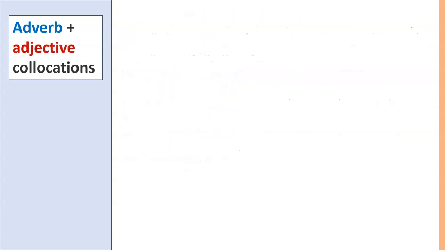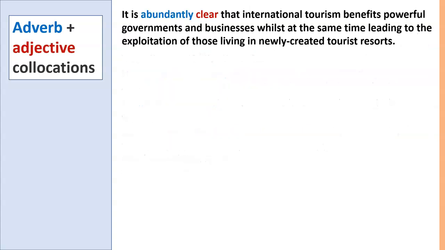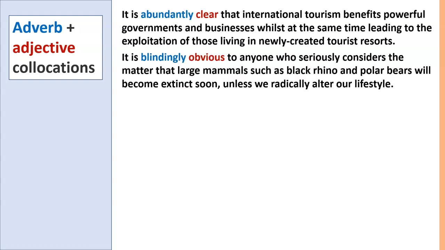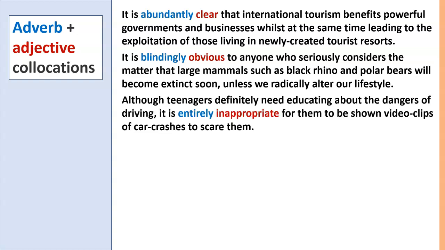And finally, we have some adverb-adjective collocations. Something can be abundantly clear, very obvious. Something can be blindingly obvious, again, entirely clear, so clear that it really doesn't need stating. Something can be entirely inappropriate, so completely wrong.